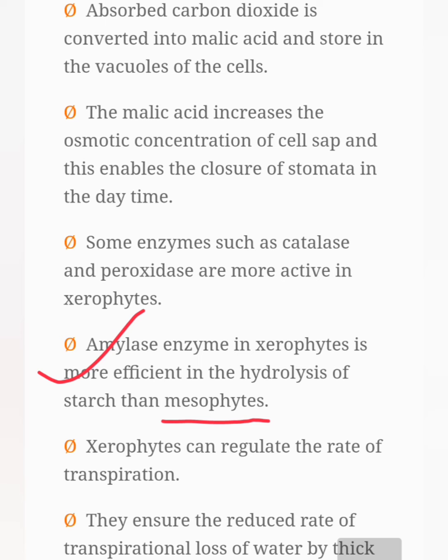And another physiological adaptation is the maintenance of water balance.